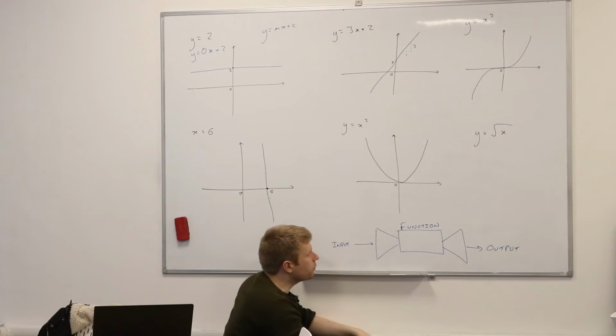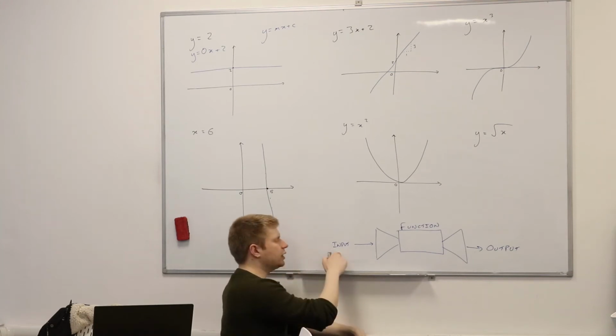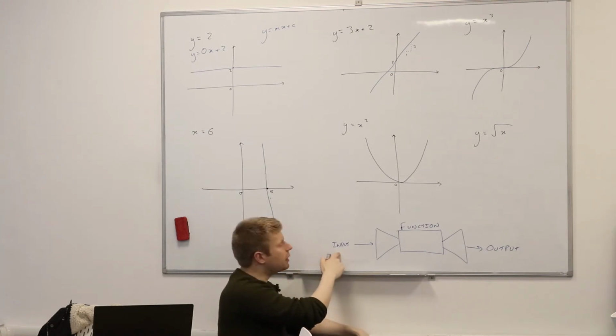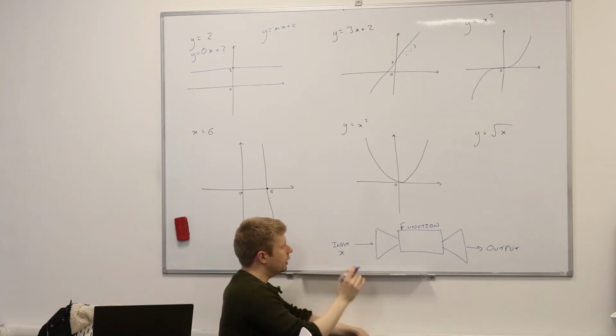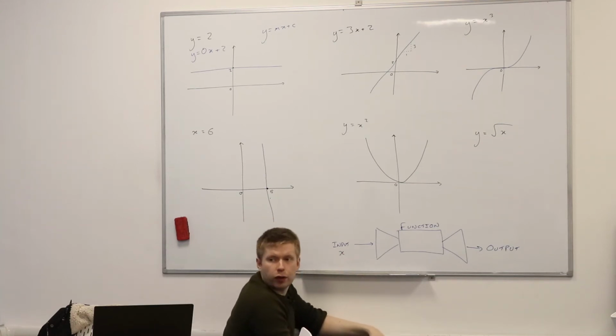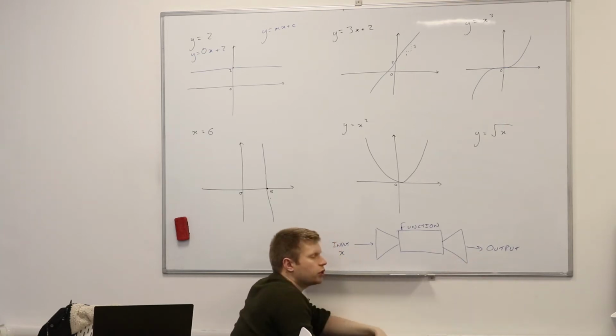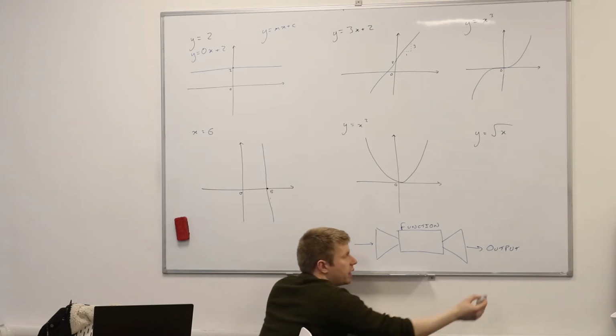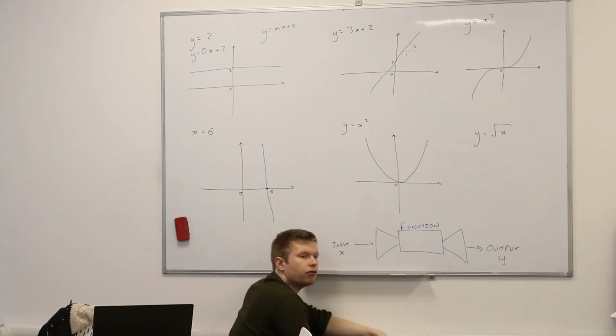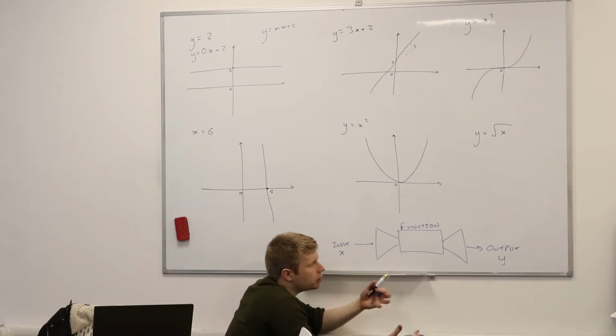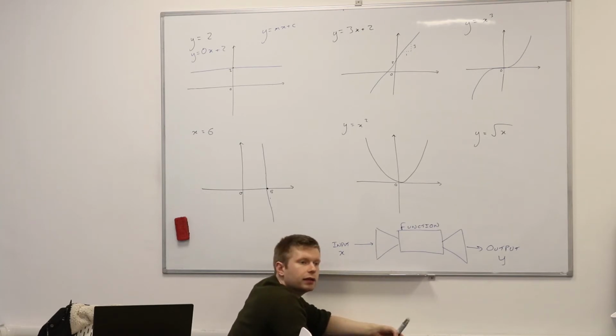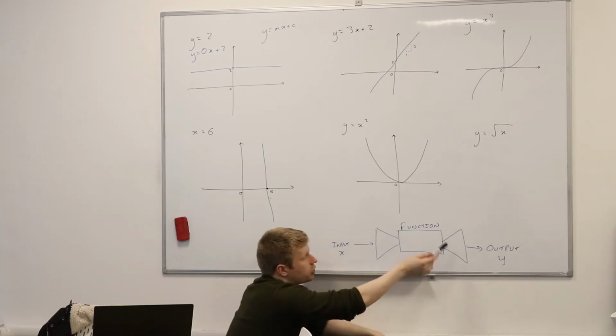So instead of writing input all the time, let's give that a letter. We'll just call it x. We can call it whatever we like, but I'm going to call it x. Any suggestions for what we should call the output? Y. Yeah, makes sense, because y comes after x in the alphabet. You can call it whatever you like, but I'm going to call my output y and my input x.